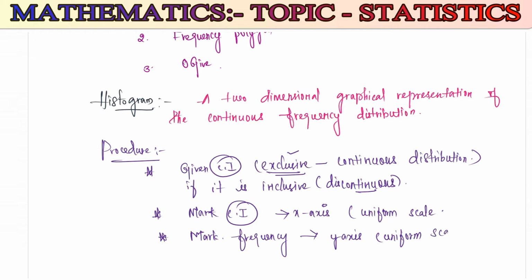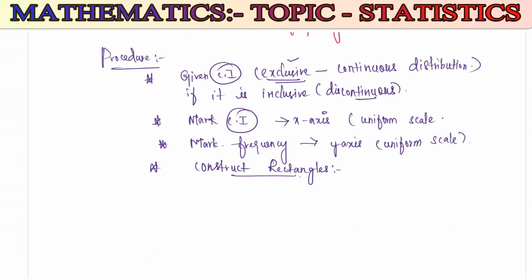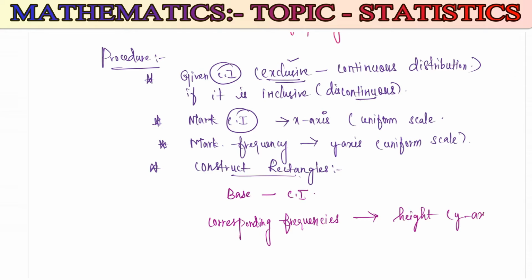Then you have to construct rectangles with the class interval as the base and the corresponding frequencies as the height. The class intervals you mark on the x-axis are the base.